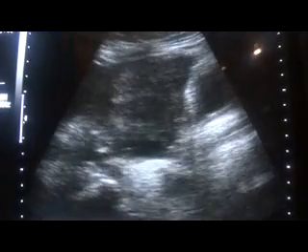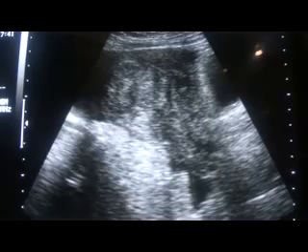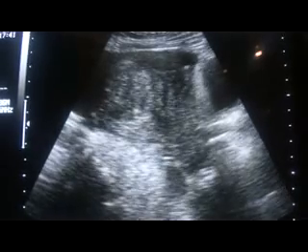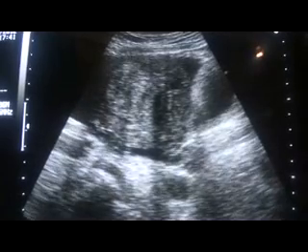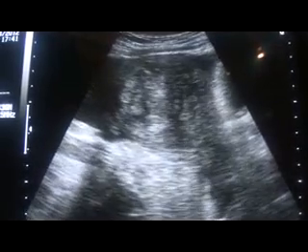Now in this dimension, in longitudinal section, this is the mass which is in fact a fibroid. It is very well demarcated.